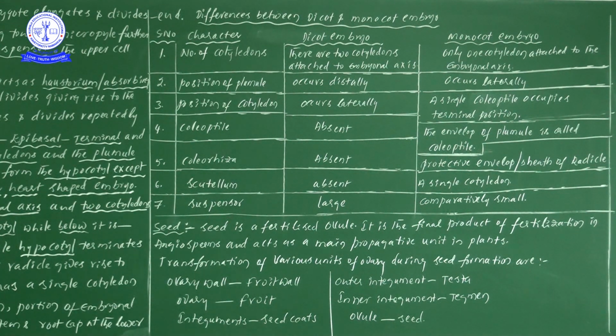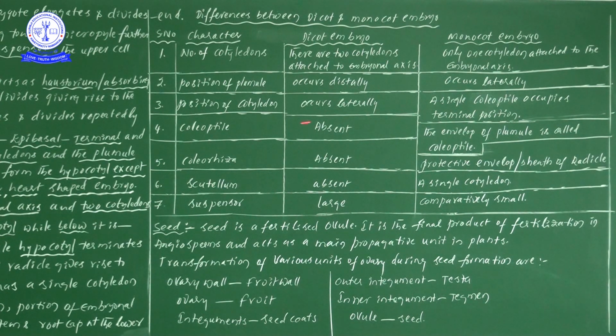Instead of a single coleoptile, we can take a cotyledon. So a single cotyledon occupies terminal position. Why? Because only one cotyledon is present.